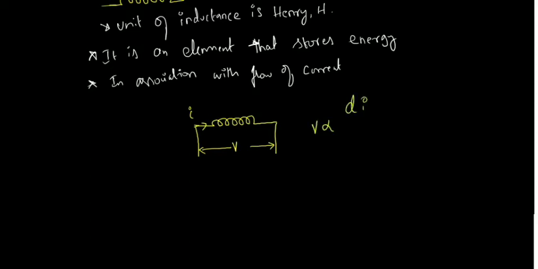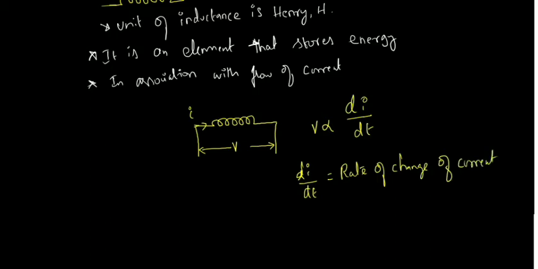The potential difference V is proportional to the rate of change of current, di by dt. If you are writing in an exam, you can write this separately: di by dt is the rate of change of current. V is not the supply voltage, it is the induced voltage.